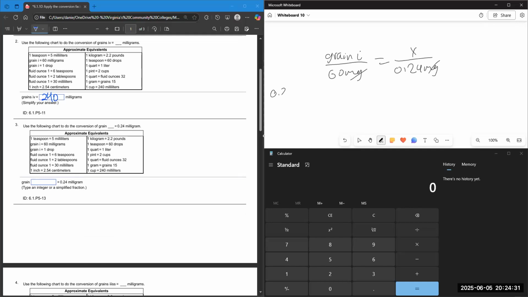Just do this part off to the side. It is 24 over 6,000. And 12 goes into here twice, and into there 500. So this is 1, and this is 250. So X is equal to 1/250th of a grain.